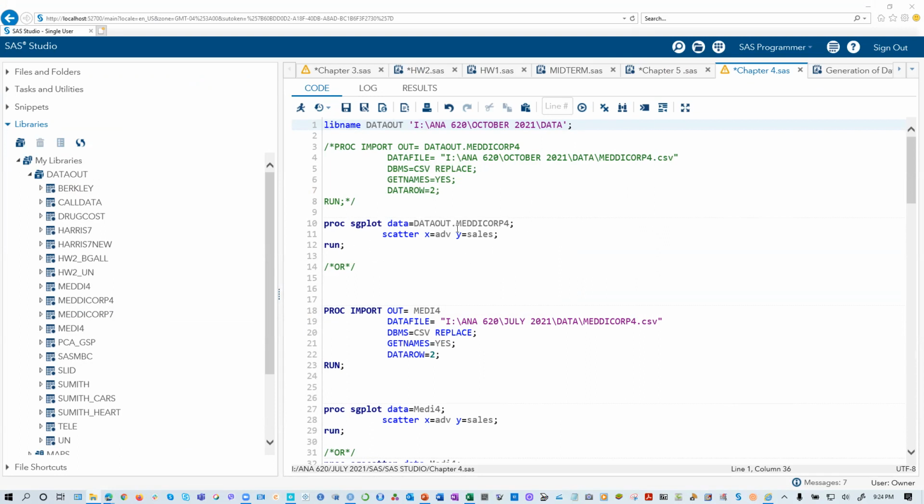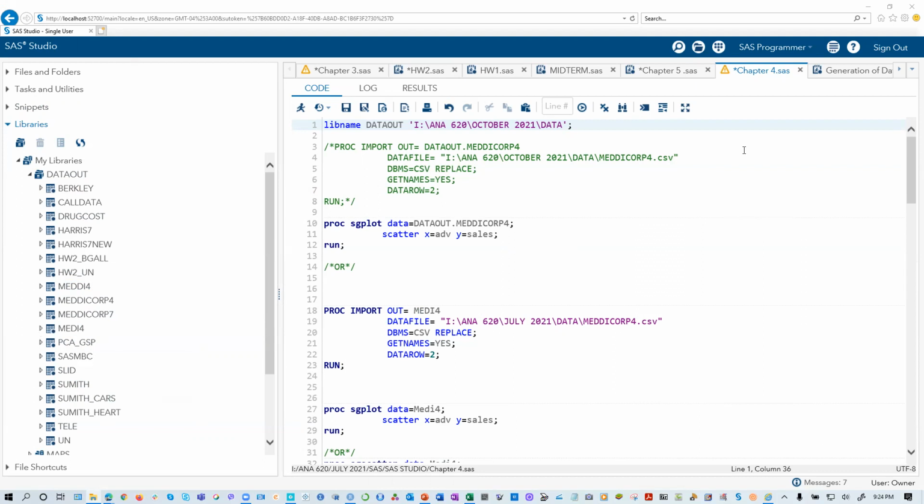See, now data out, I have a Medicope data. Even though I imported data from the CSV, it will be converted into a SAS data set. Remember, they were not CSV any longer once they were on the SAS platform.